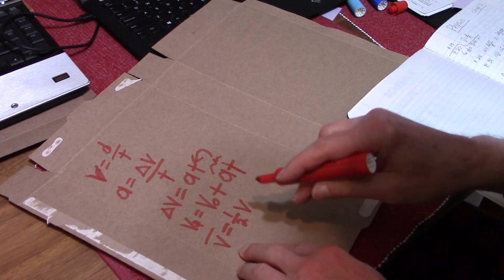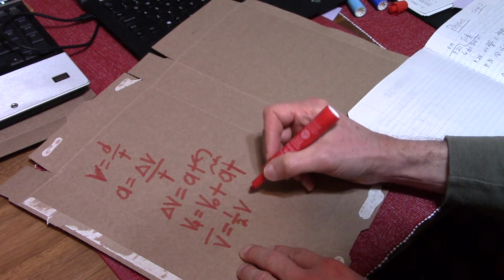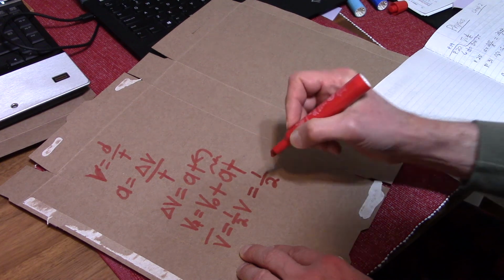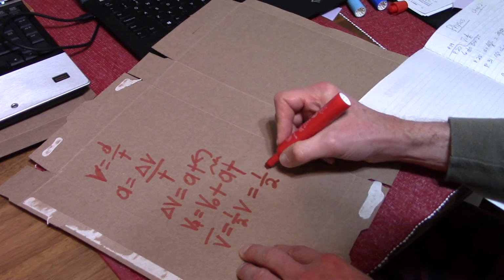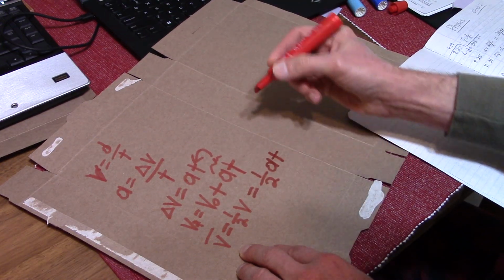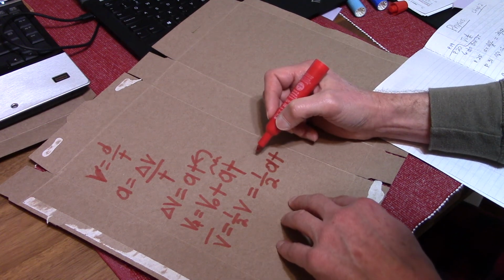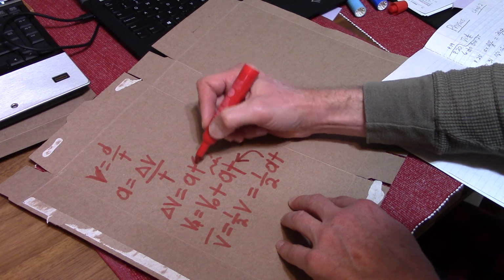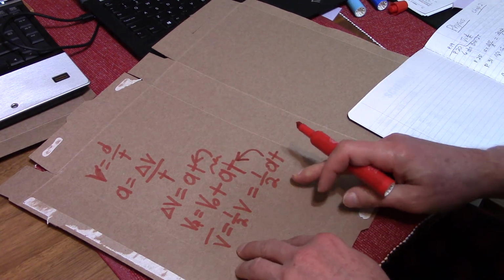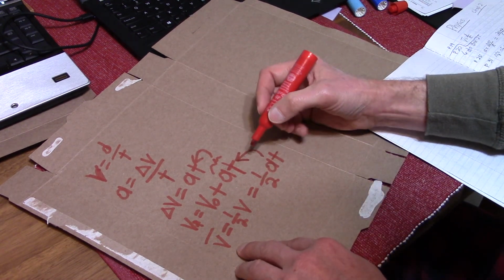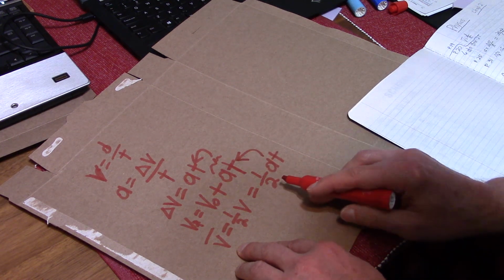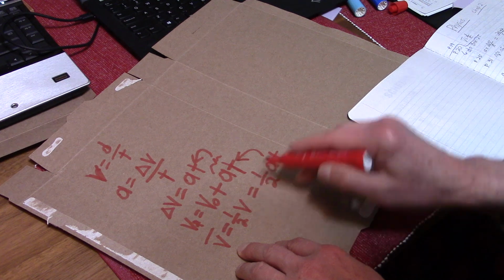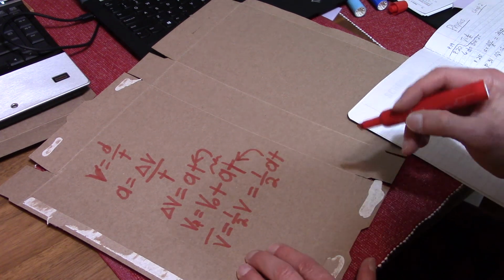Okay, so not a problem. But now, likewise, it's equal to 1/2 AT. Well, it's no different than this AT, okay? So there's no mystery to this equation. V is equal to AT, so that's all that is.